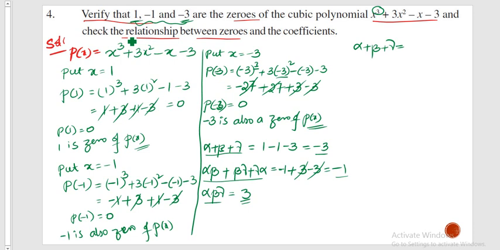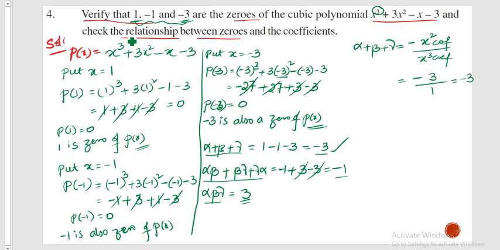The formula we have is minus x square coefficient by x cube coefficient, right? So minus x square coefficient, which is 3, divided by x cube coefficient, which is 1, which gives me minus 3.